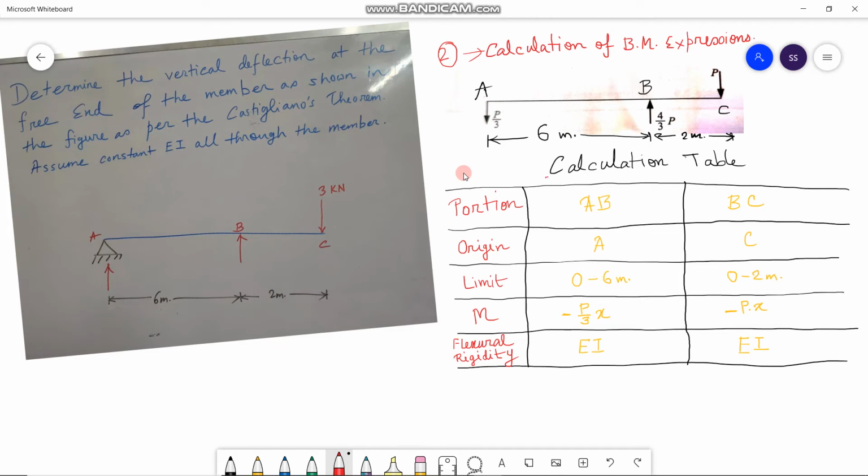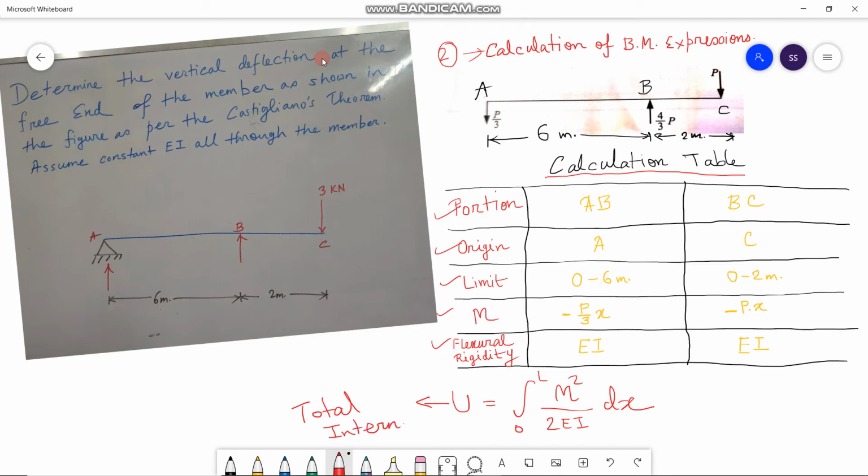Here in this calculation table, all the items are summarized in order to calculate the total internal energy using this formula, that is integration 0 to L, M square by 2EI dx, where U is the total internal energy.